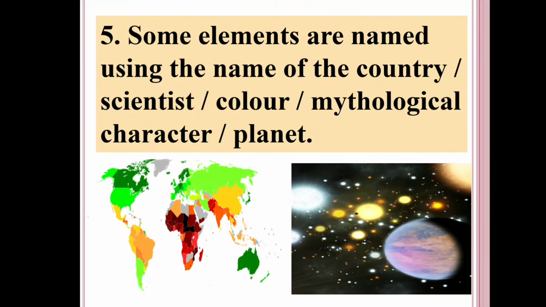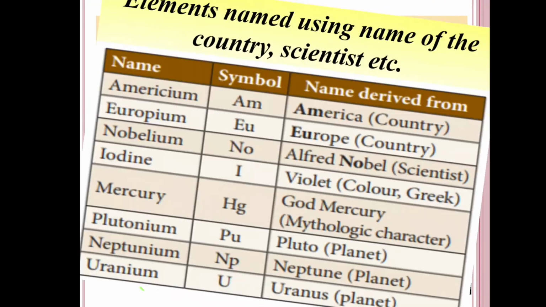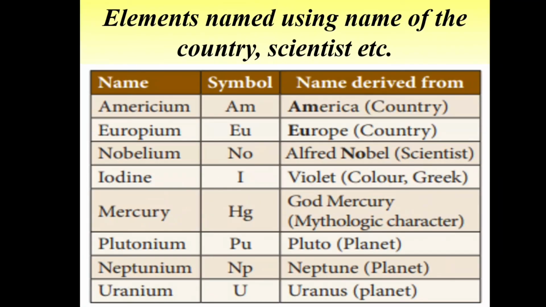Some elements are named using the name of a country, scientist, color, mythological character, or planet. The name, symbol, and what the name is derived from is given. The first one is americium, symbol Am, derived from the country America.